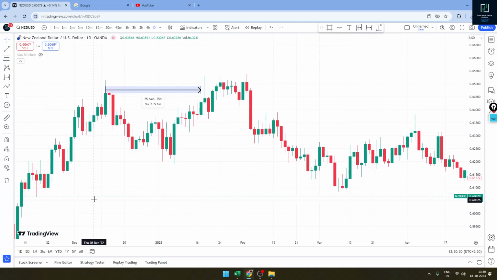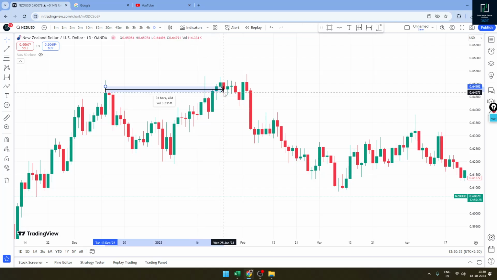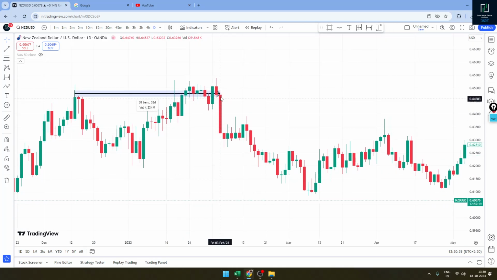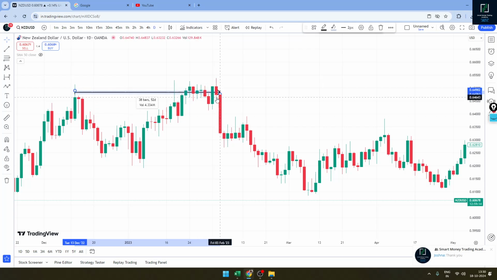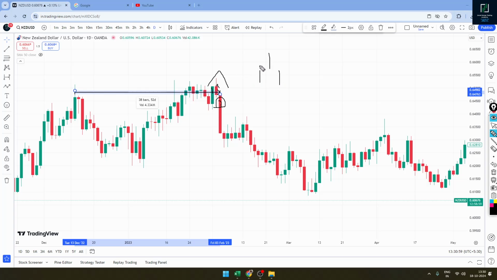Then 38 days, let's see the 38th day. This red candle is the 38th candle. Now if you see, it's part of the swing leg, you can see these are the swing points, right? 1, 2, 3 candles form a swing, and the third candle is the 38th bar, so you can clearly understand that the swing point is created and the market is going to reverse.